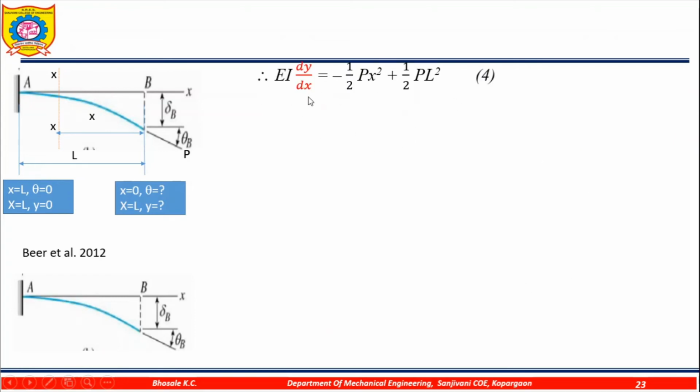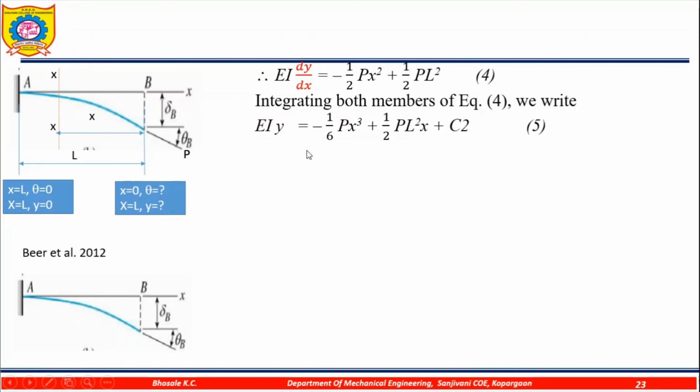So EI dy by dx will be equal to minus 1 by 2 px square plus 1 by 2 PL square. So we first integrate both members of equation 4. We write EI y equals minus 1 by 6 px cube plus 1 by 2 PL square into x plus C2. C2 here is the constant of integration.